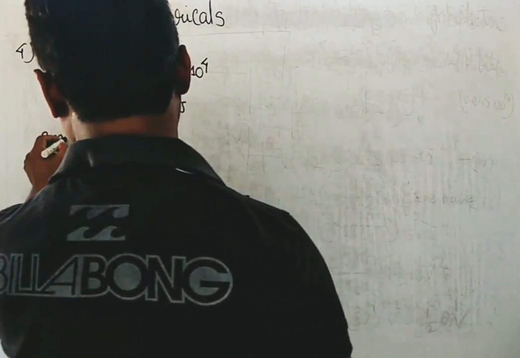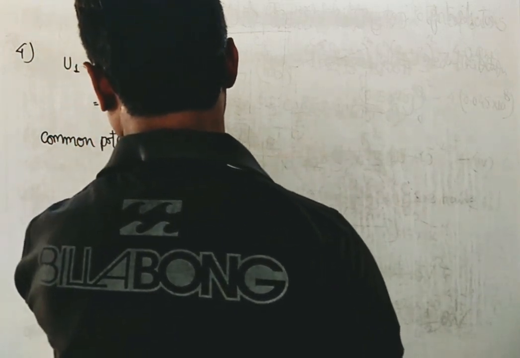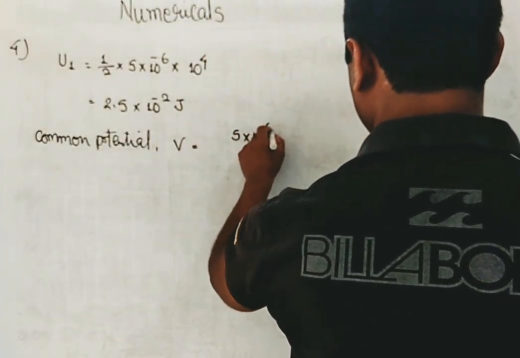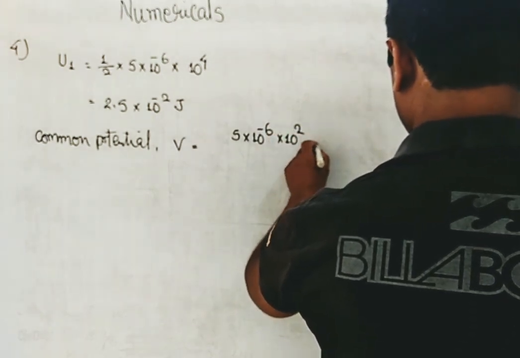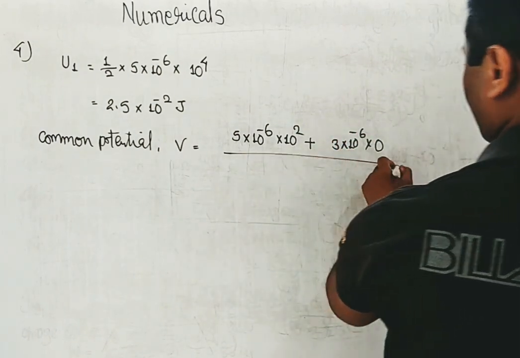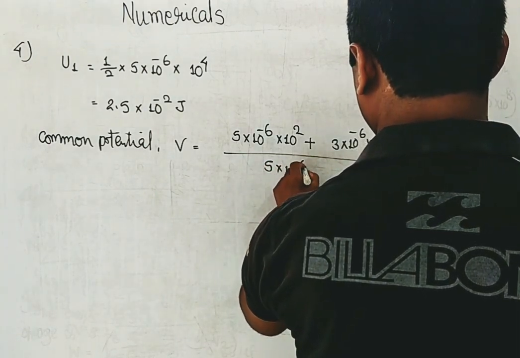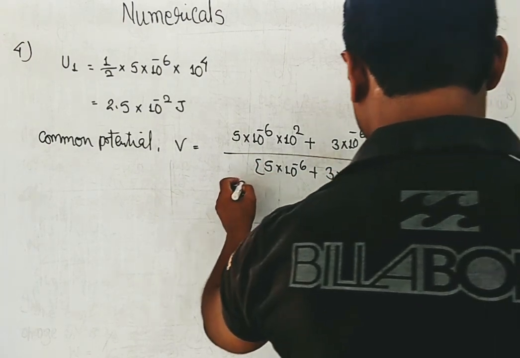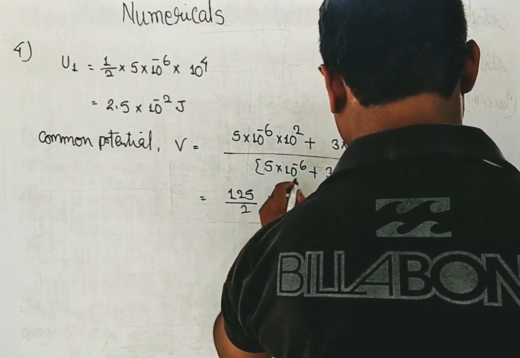Common potential V equals (C1 V1 plus C2 V2) upon (C1 plus C2). V2 is zero potential across the 3 microfarad. So on solving this, we'll be getting 125 by 2 volt.